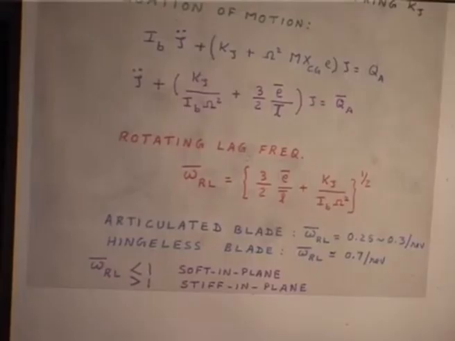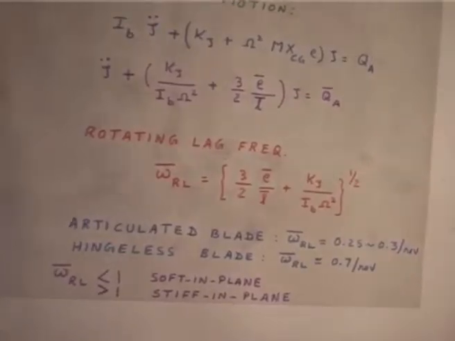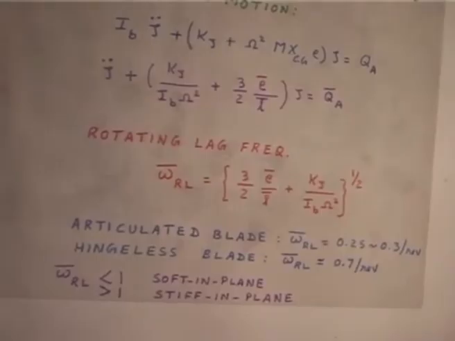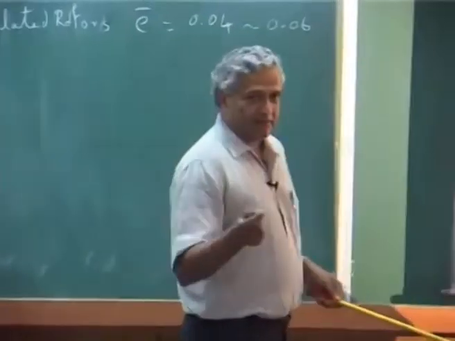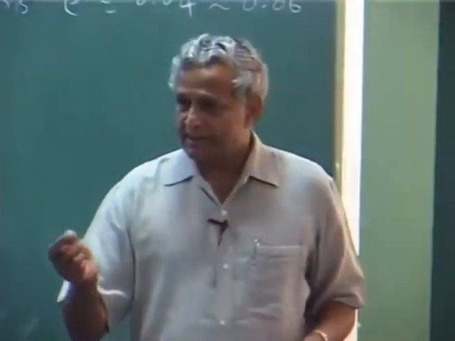Okay. Then technically you can avoid the flap lag instability, but you have to keep it far away. But if you are not keeping it far away, then those rotors, that is stiff in plane rotors, are prone to flap lag instability. But if you keep it around 1.1, 1.2, then it will go unstable.